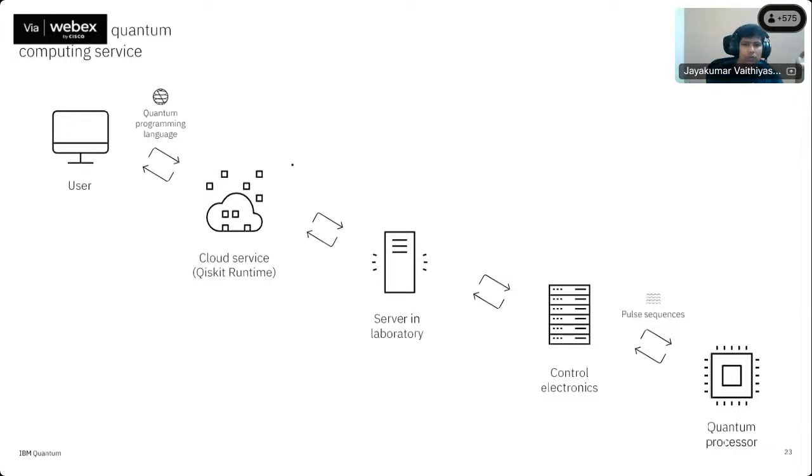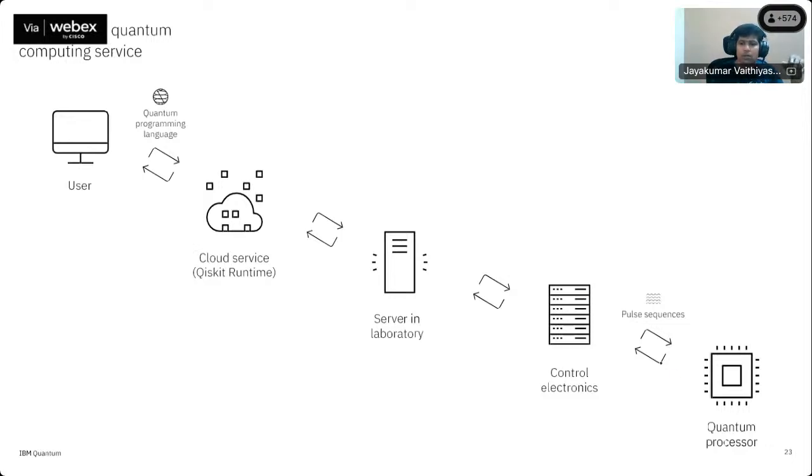This is forwarded to the server, and whatever you submitted for a real quantum system will stay in the queue. Once you get your chance, your program is transferred to the control electronics. The control electronics convert all your transpiled code into microwave pulses, a microwave sequence. These signals go through the quantum processor and get executed.